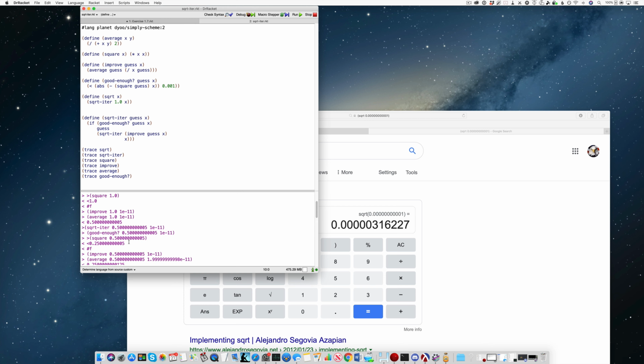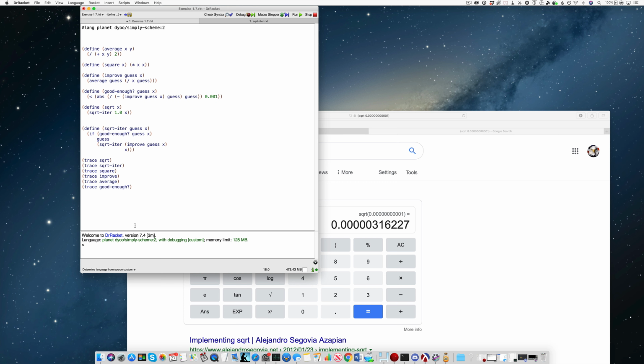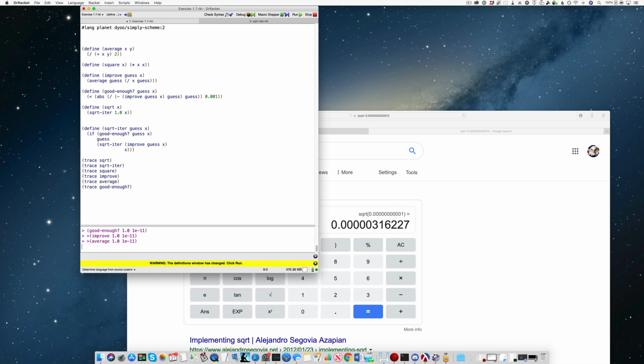But then, if you run this number, I don't even want to count. I just pasted the square root of a zillionth.